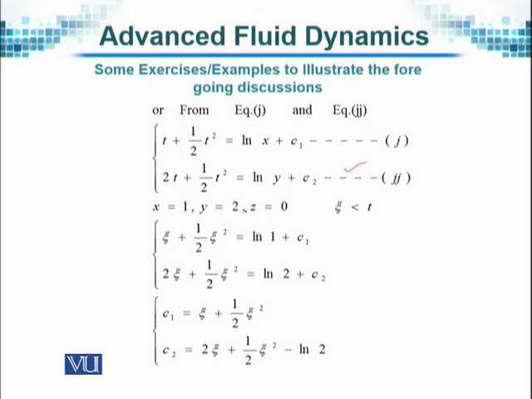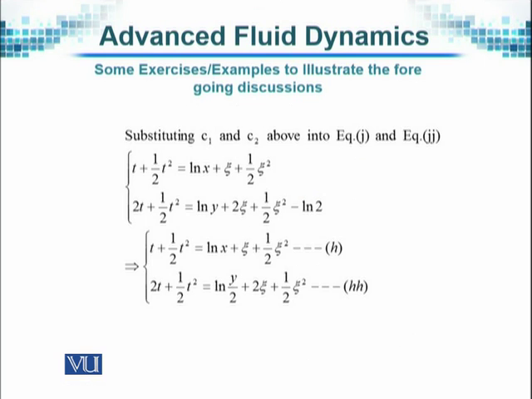And then we take the boundary conditions such that zeta is less than t, and we have x is equal to 1, y is equal to 2, z is equal to 0, which are already given to us. We calculate these values and we obtain the constants c1 and c2 as shown.